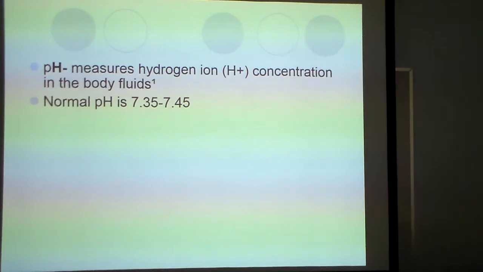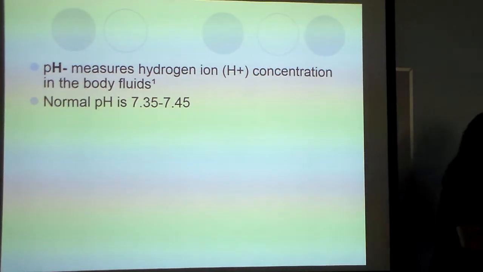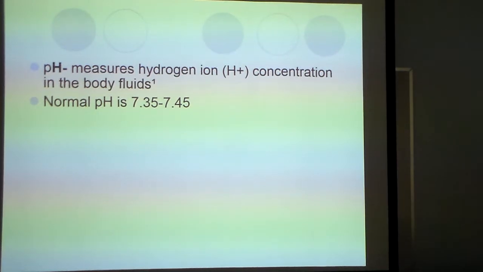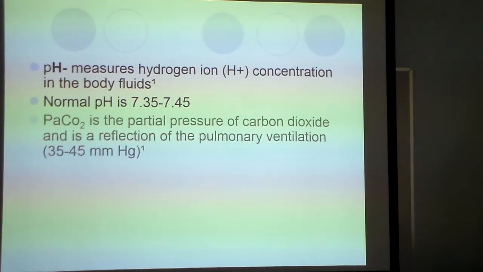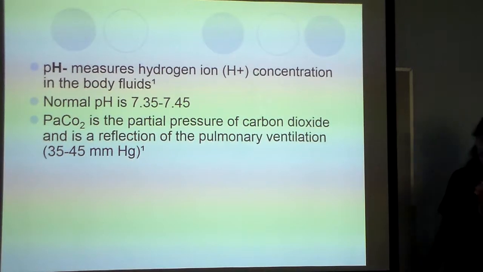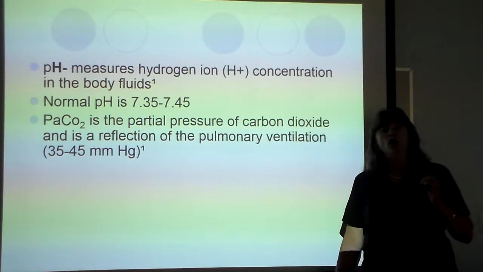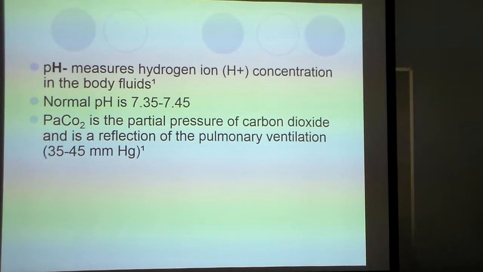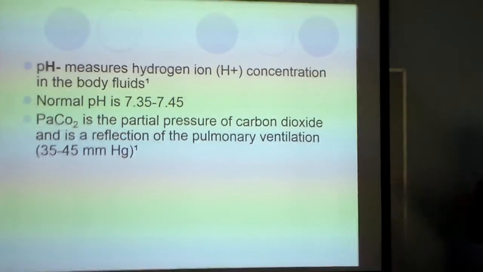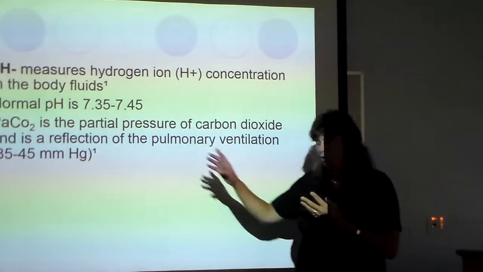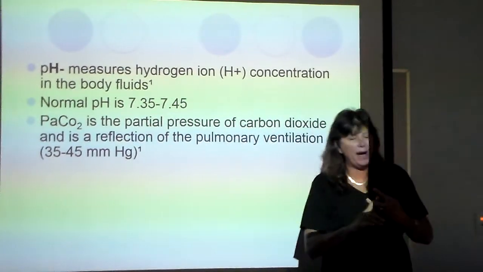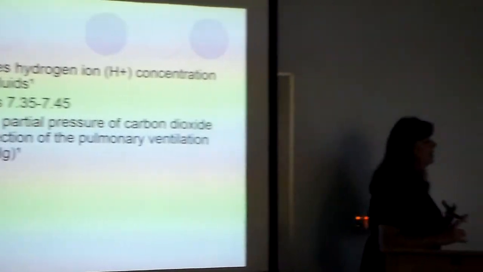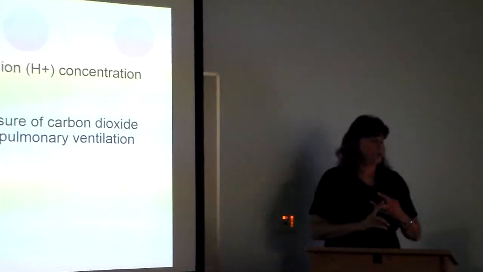The normal pH, as you remember from your reading, is 7.35 to 7.45. You need to know the norms. This is very important. Without knowing them, you're not going to know whether these are in or out of range. And as we look at the pH, PCO2, I'm sorry, and the bicarbonate, HCO3, you will need to know those, all right?